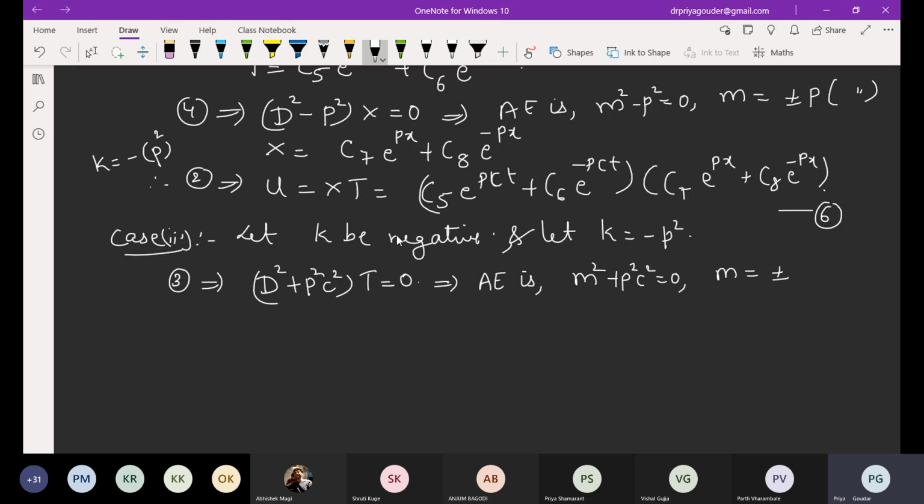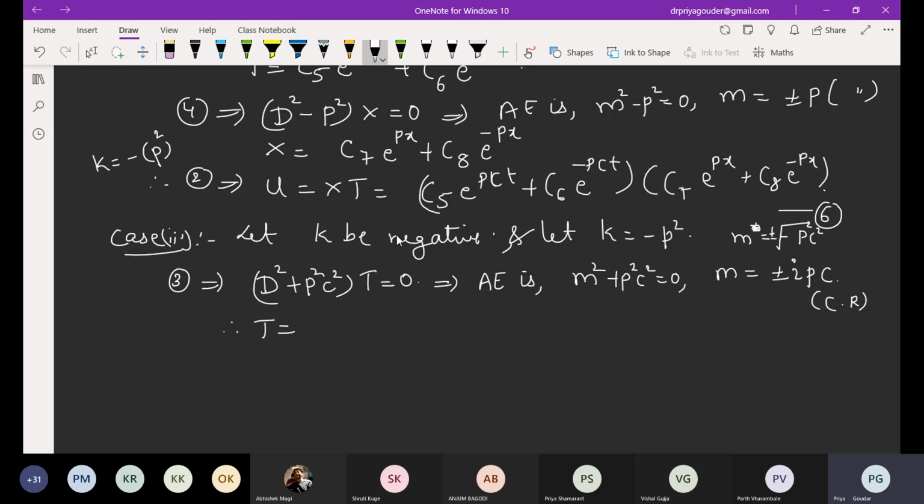Under the root, a minus quantity means i, and root of P square is P and root of C square is C. So the roots are plus or minus iPC, where I am writing root of minus 1 as i. Hope it is clear. These are complex roots. How do you write the solution for complex roots?